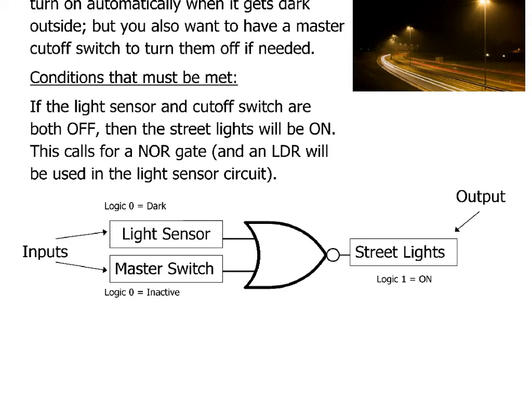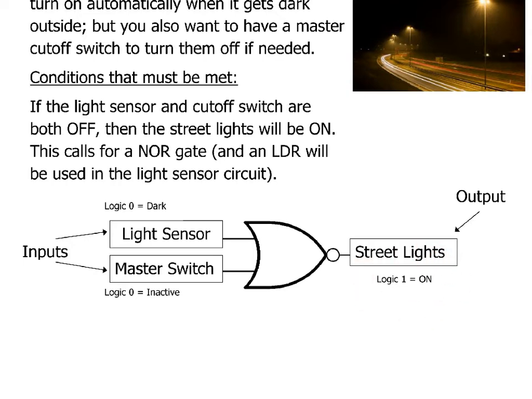You can refer back to the truth table for the NOR gate in the previous video if you need to. Basically, the NOR gate only has a logic 1 when both A and B are logic 0. Otherwise, it's logic 0, it's off.